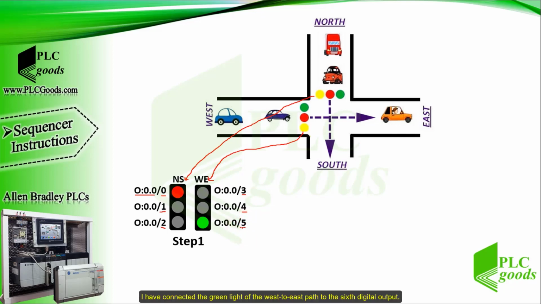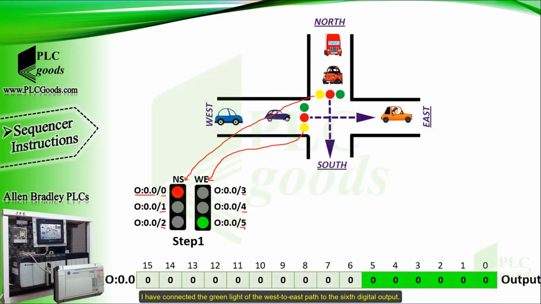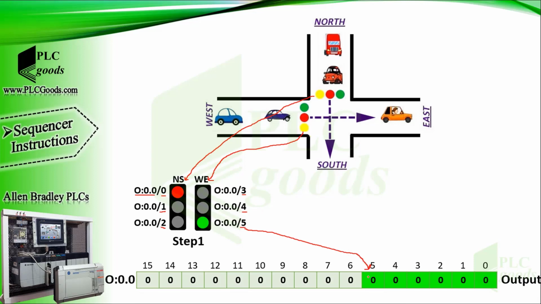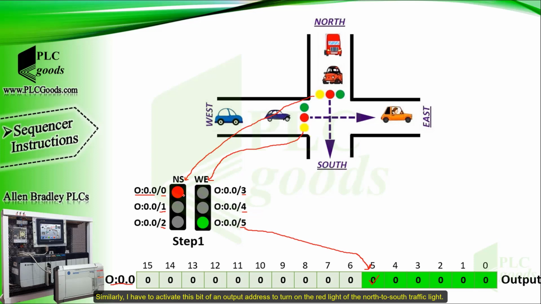I have connected the green light of the west to east path to the 6th digital output. Similarly, I have to activate this bit of an output address to turn on the red light of the north to south traffic light.